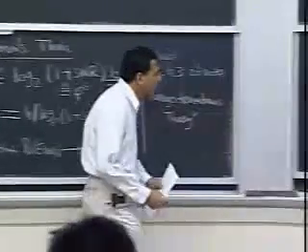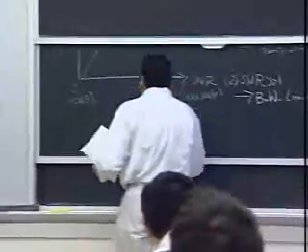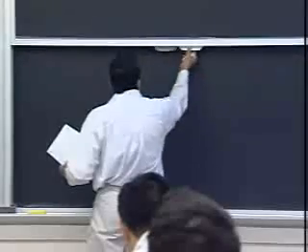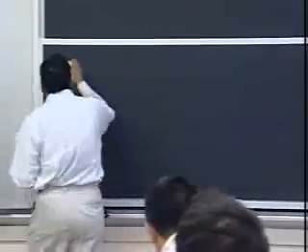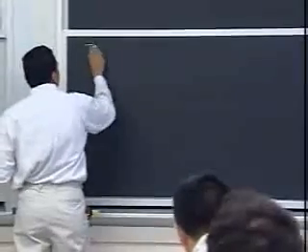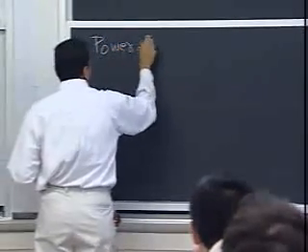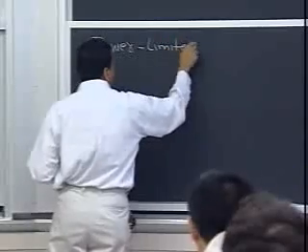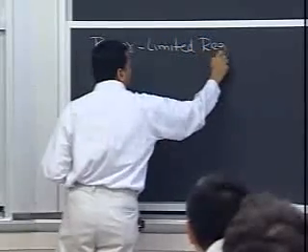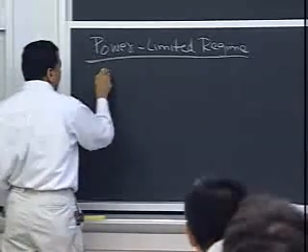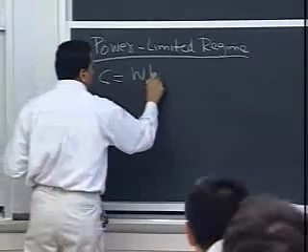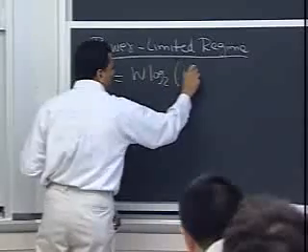So let's do it more slowly. Say my C is now W log2(1 + SNR).